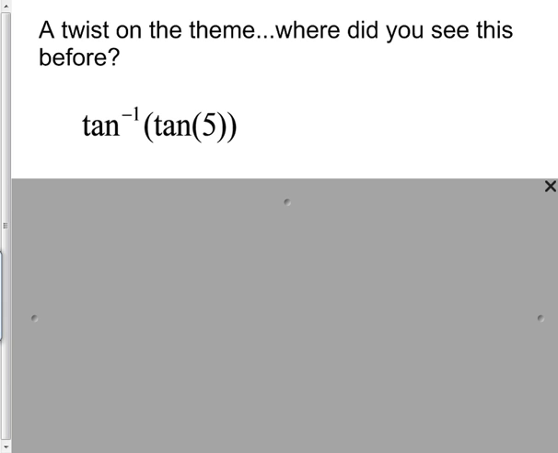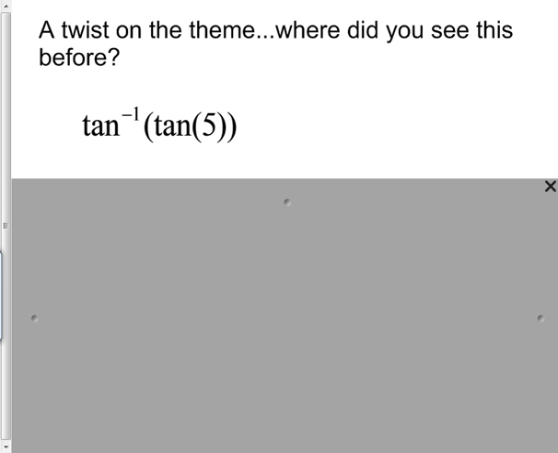All right, this one. We got an inside and outside, but this one you can actually do. Really easy. Let's see if anybody figures out what's happening here. Oh, who said that? It's just 5.